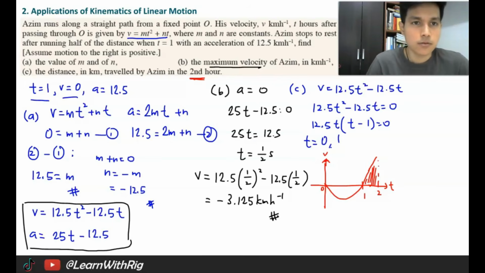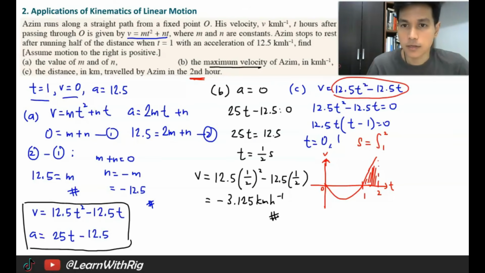Clear? I use a red pen. You want to find distance, right? So s equals the integral from 1 to 2, and your velocity is this one, 12.5t² minus 12.5t.